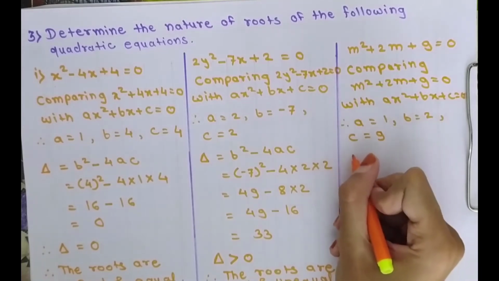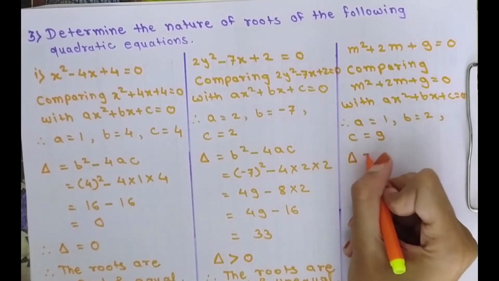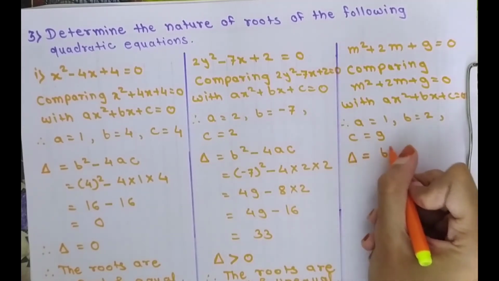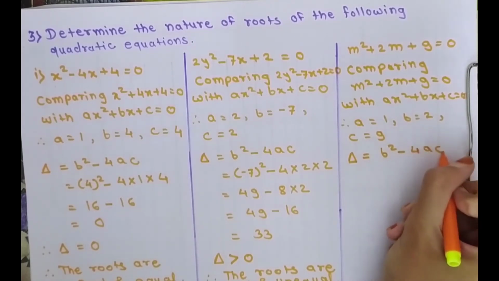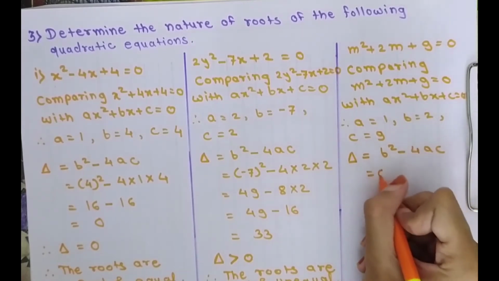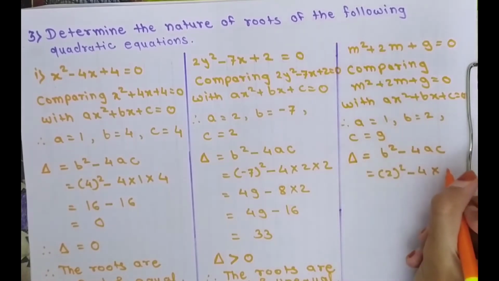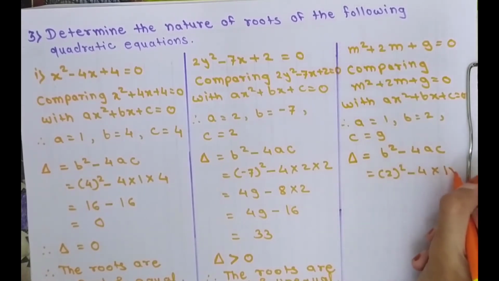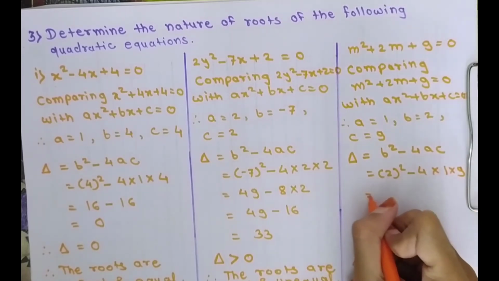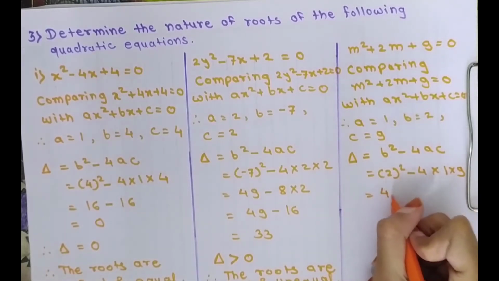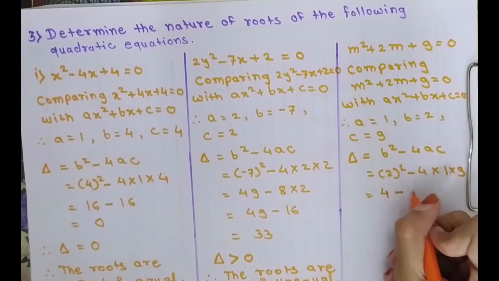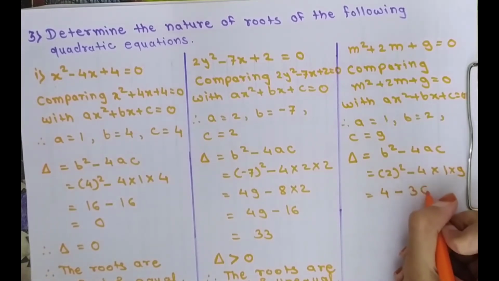Now, delta is equal to what? B square minus 4ac. So, b square is 2 square minus 4 multiplied by a is 1 multiplied by 9. So, 2 square is 4. 4 minus 9 times 4 is 36.